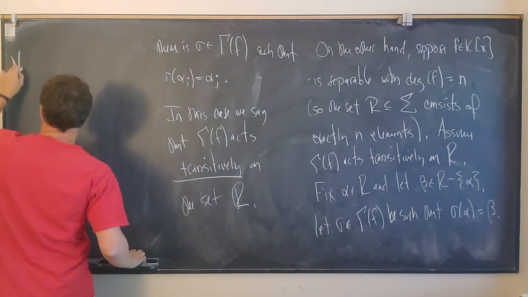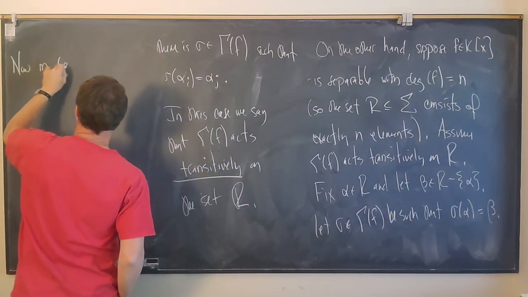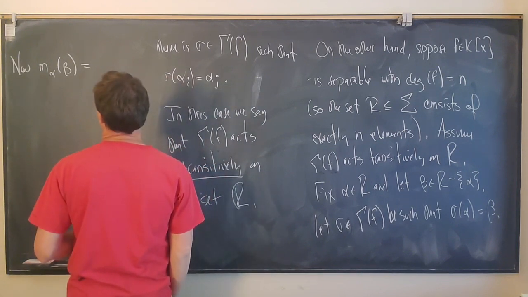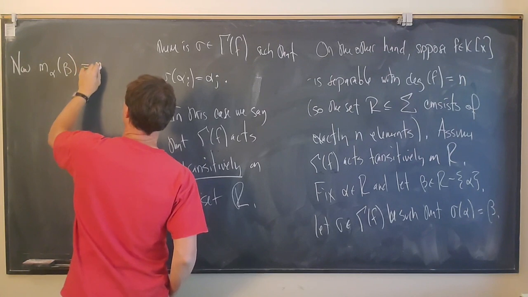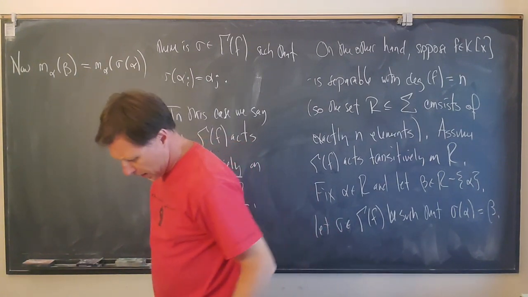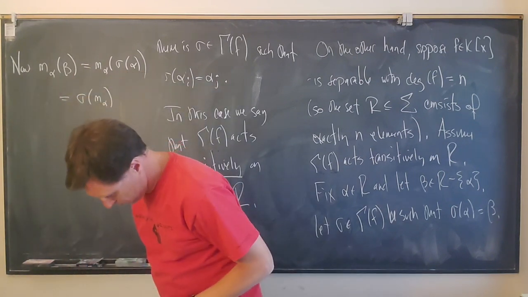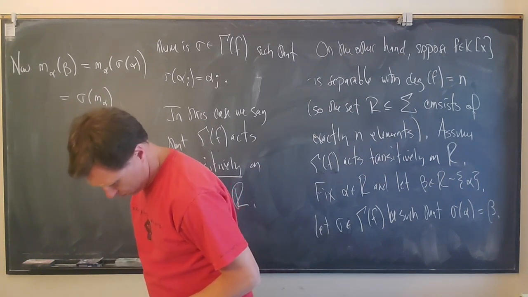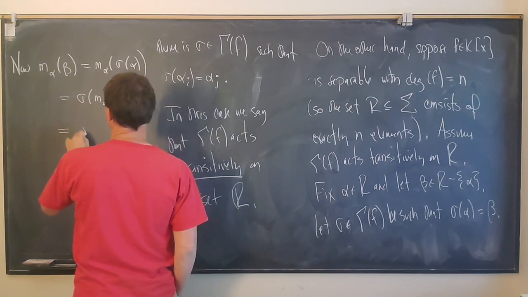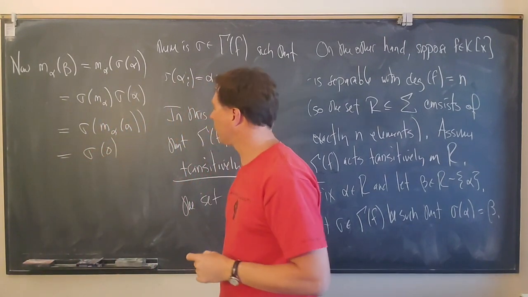Now, I want to look at m_alpha of beta. Since beta is sigma of alpha, this is m_alpha of sigma of alpha. We've seen this already, so this is sigma of m_alpha of alpha, which is sigma of 0, because alpha is a root of m_alpha, and so that's equal to 0.